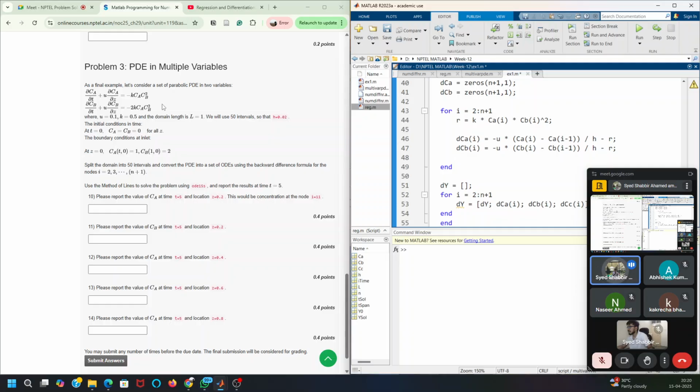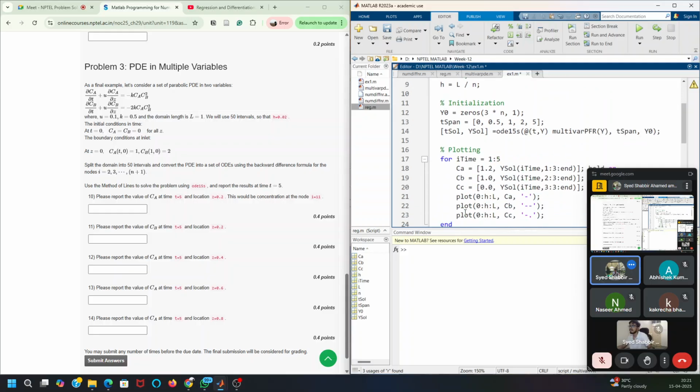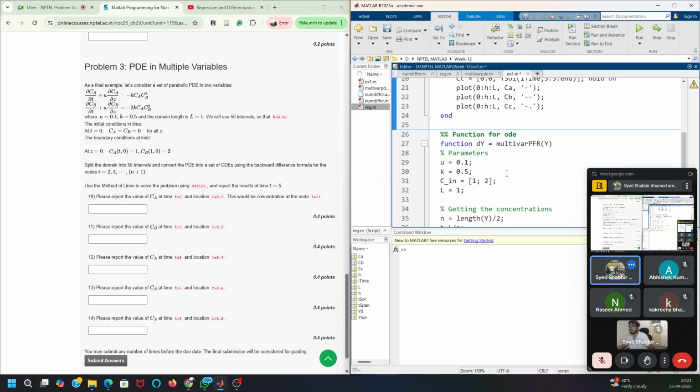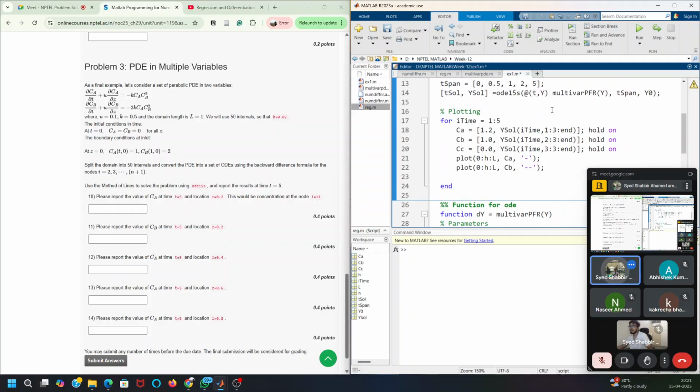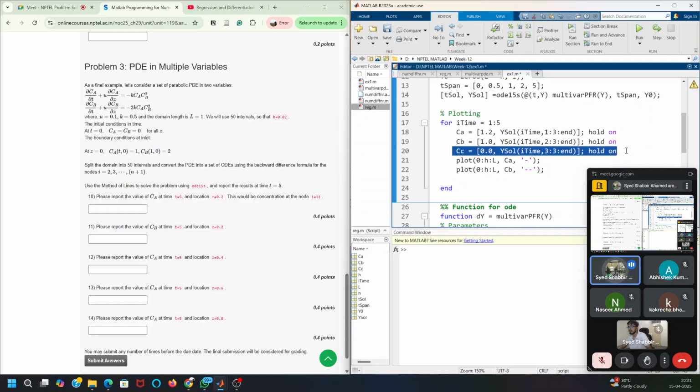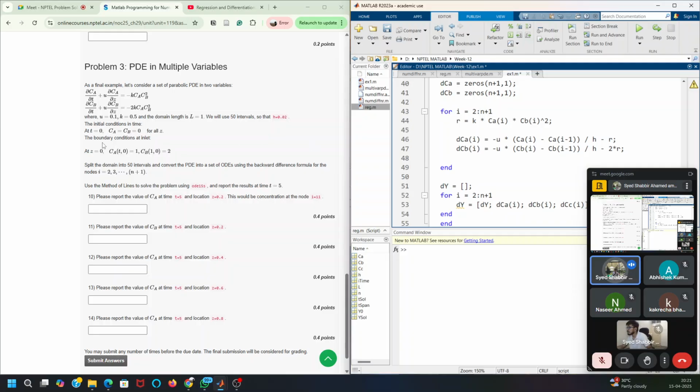Here we are having minus r, which is fine, and this is minus 2r. Everything is there, and this is 2 into n. This is fine. We are using the backward difference.